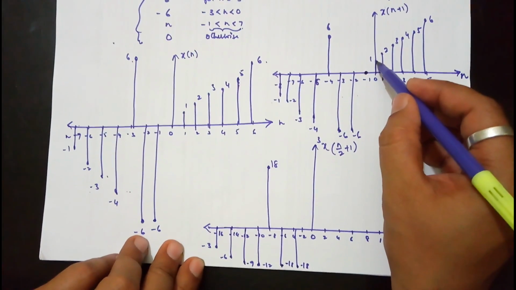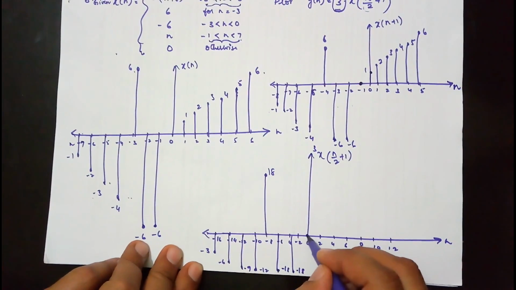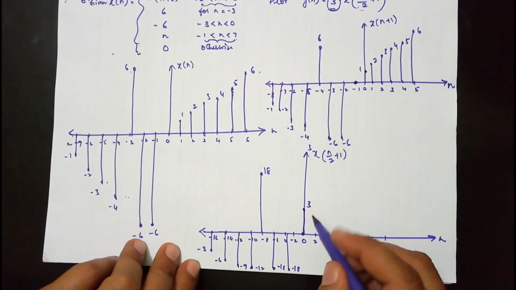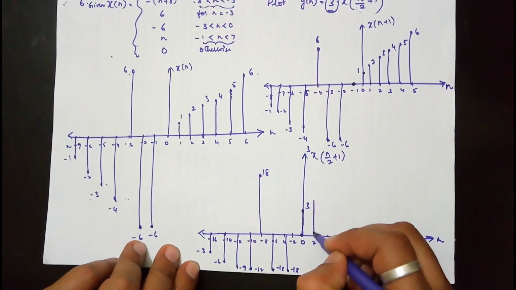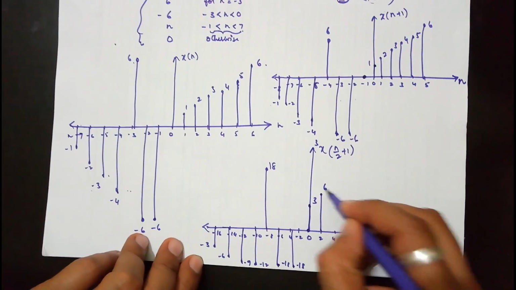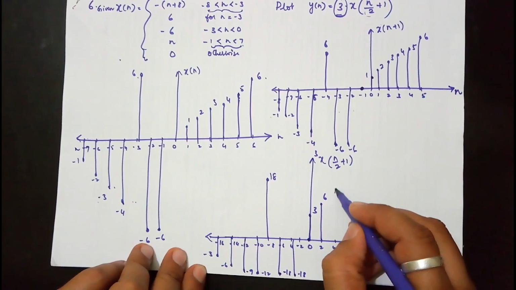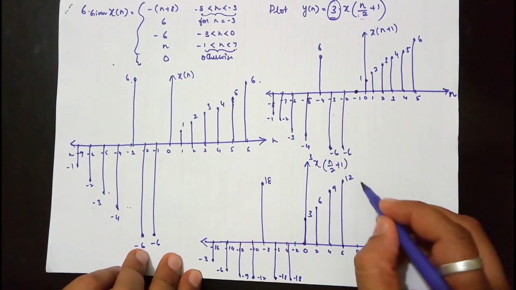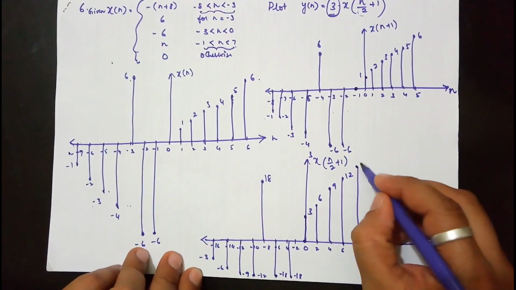At 0, the amplitude is 1. So that will get multiplied by 3. So you get 3. At 1, you have the amplitude of 2. So it will be 6. Then 9. Then 12. Then 15.